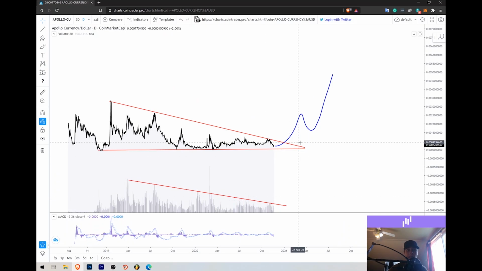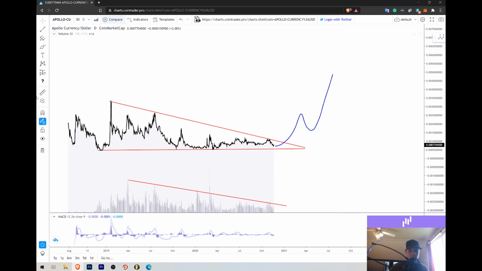Lots of things lining up for Apollo currency. I definitely see a big breakout soon. We're really low value right now, which means undervalued, you guys. We're at 0.0007. That has so much growth, you guys.